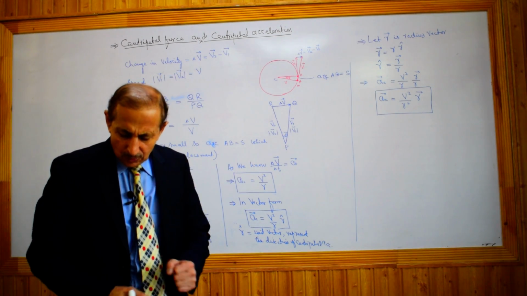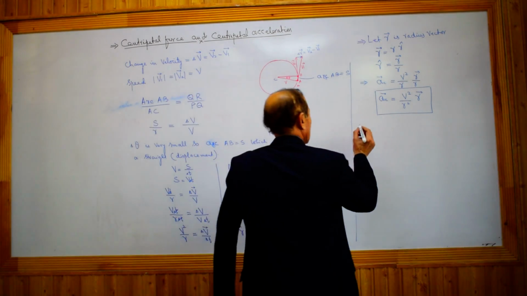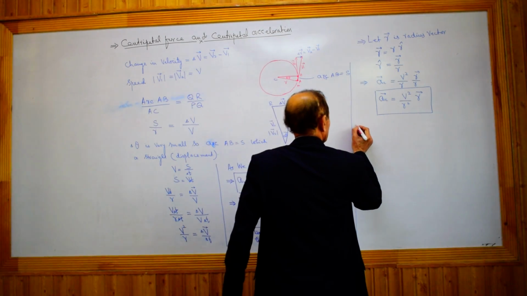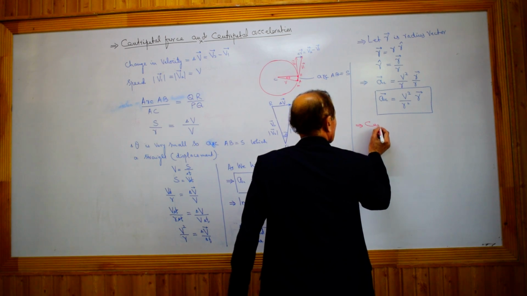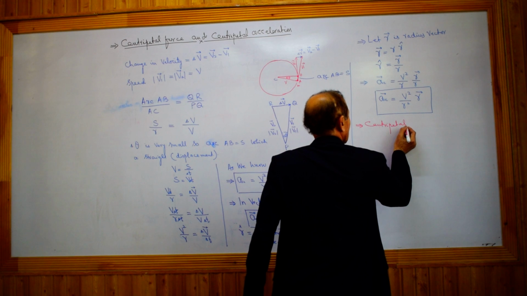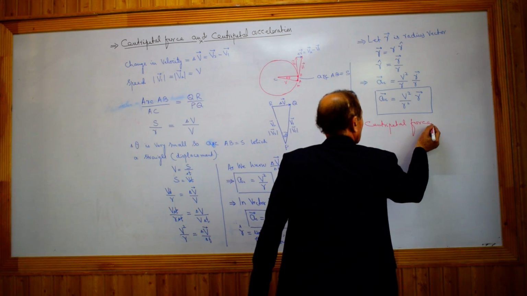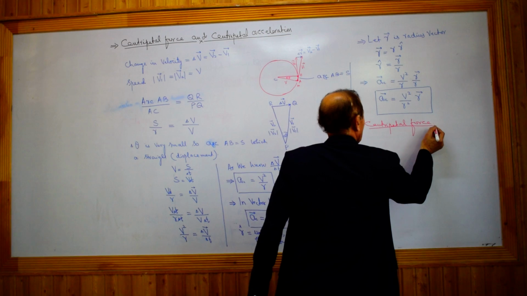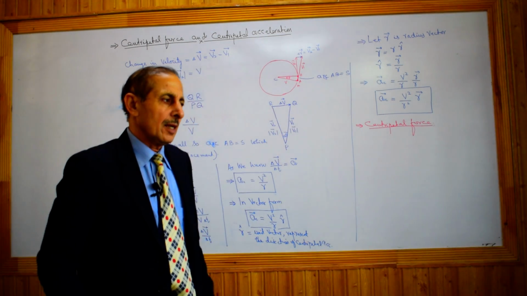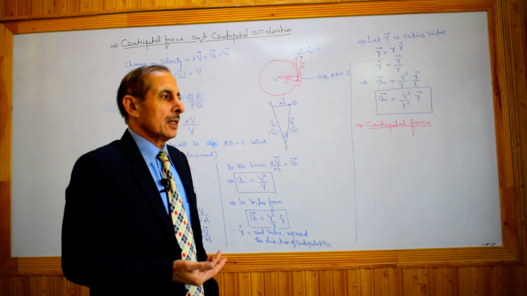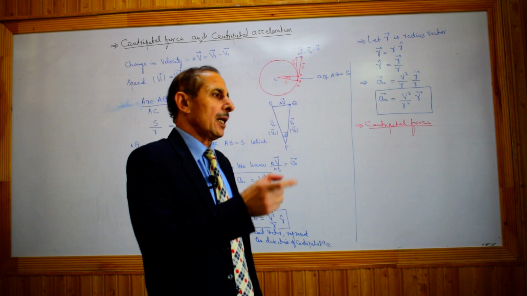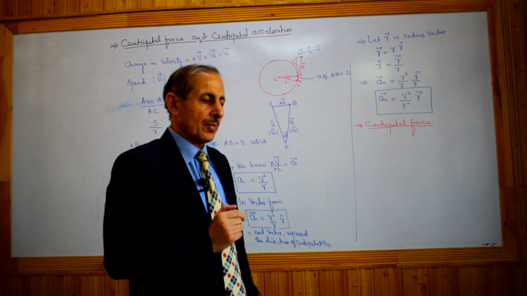Now centripetal force. According to Newton's second law of motion, F is equal to ma. This centripetal force changes the direction of the velocity of the body at every point along the circular path.